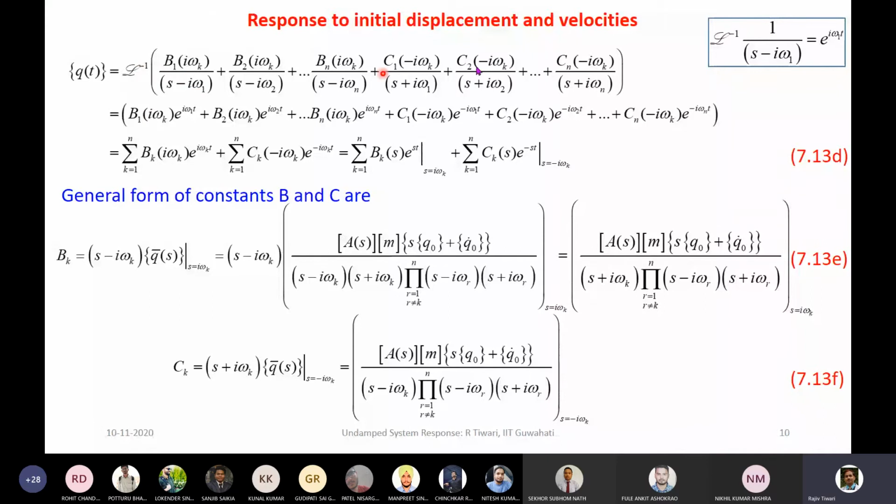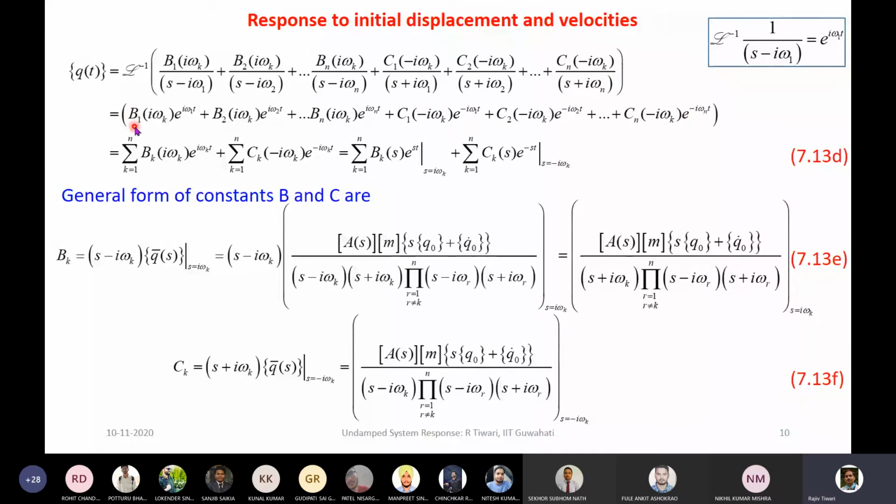The inverse transform of this, we have in the tabular form, that is e raised to i omega 1 t. So the Laplace transform of this remains the same, similarly for this i omega 2. Similarly for the second term, because s plus i omega is there, a minus will be there in the exponent. So these are the terms corresponding to the other n terms.